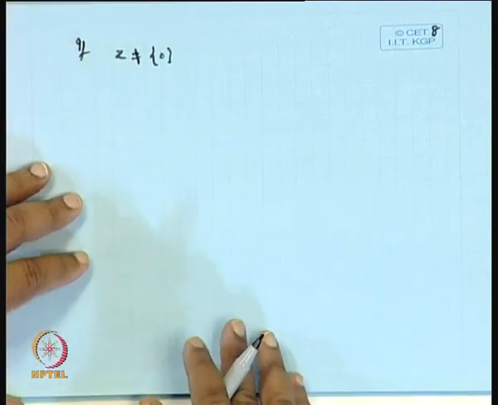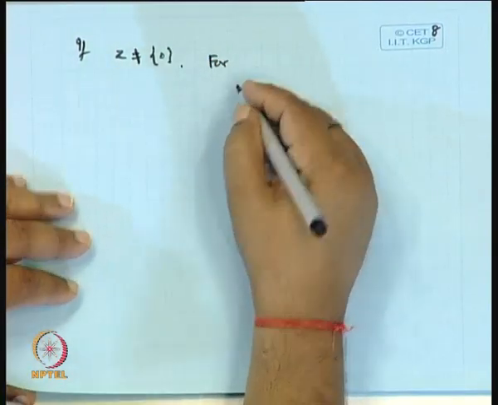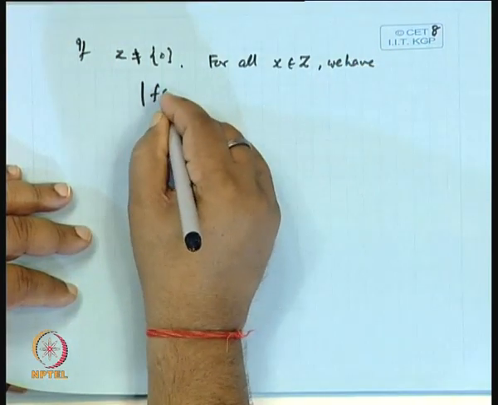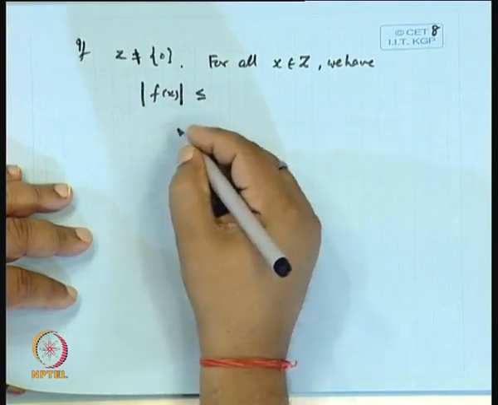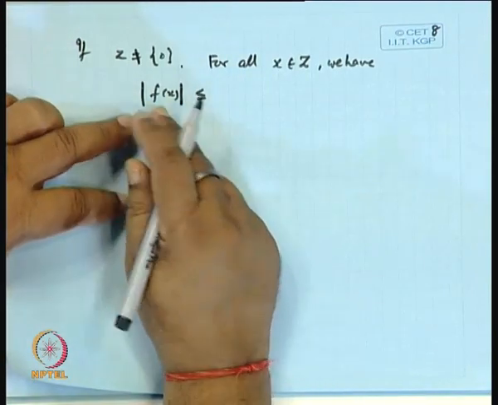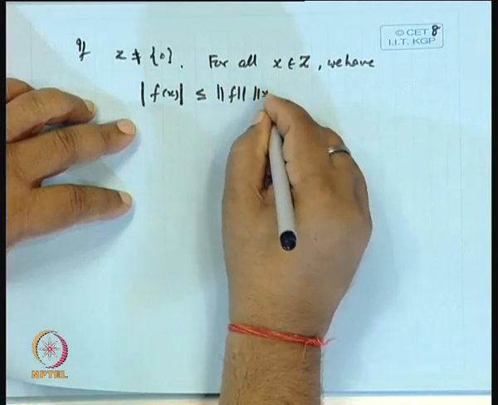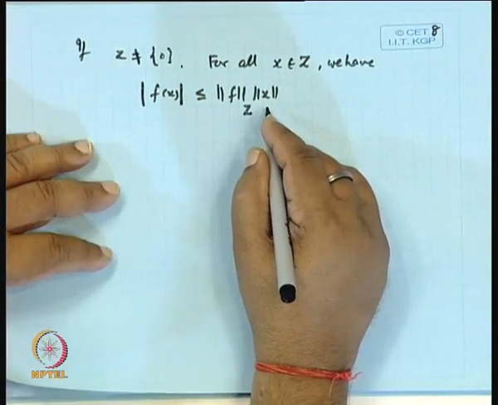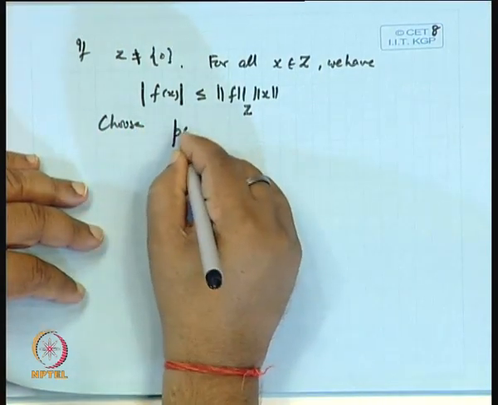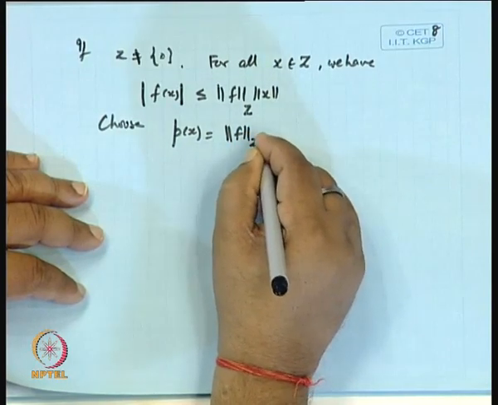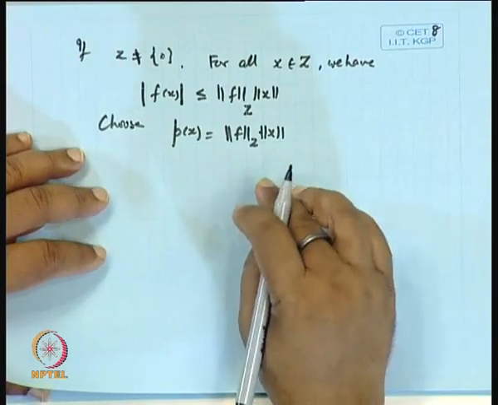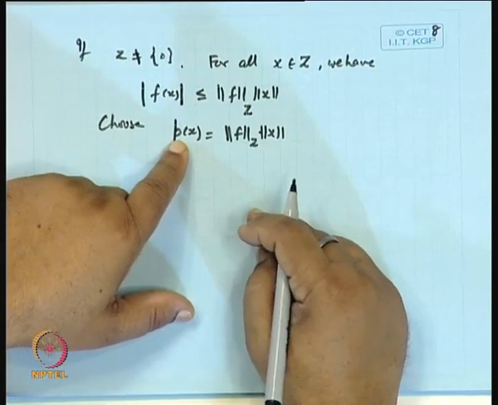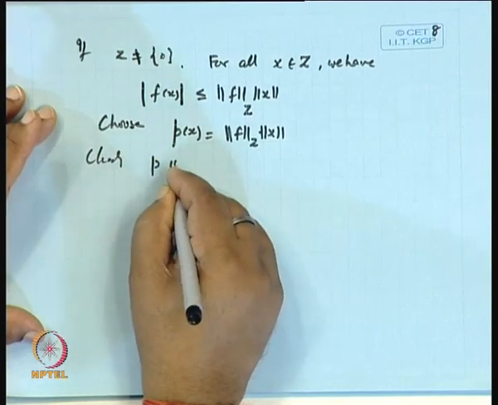For all x belonging to Z, modulus of f x is less than or equal to norm of f into norm of x, since f is a bounded linear functional, and the norm of f is taken over Z because x is a point in Z. So, we can choose p x as norm of f over Z into norm of x, which is real valued. Clearly, P is sublinear.